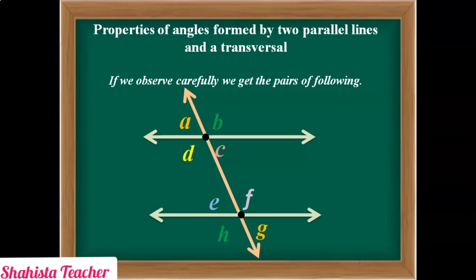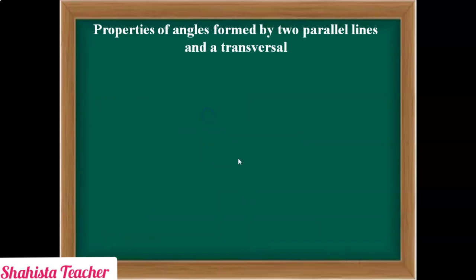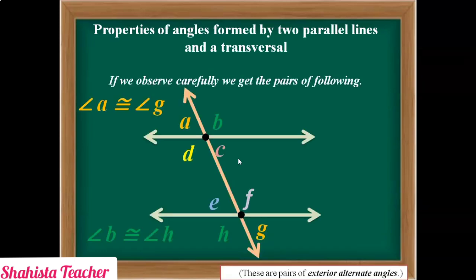Alternate angle says opposite side, opposite direction. That means A is congruent with G. Why? Because they have an opposite relation. So angle A is congruent with angle G and angle B is congruent with angle H. These are the pairs of exterior alternate angles.